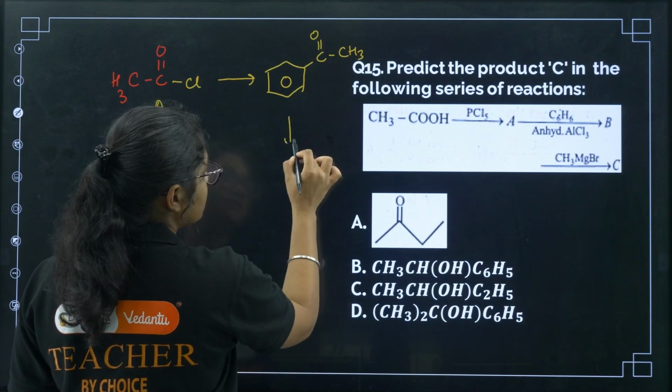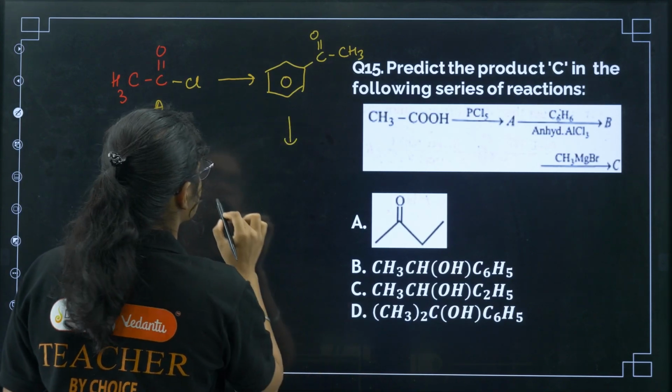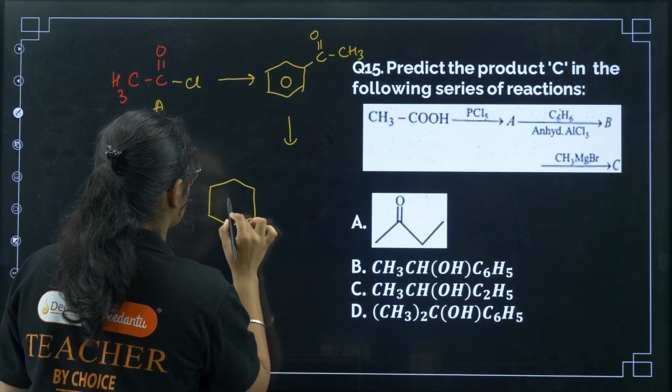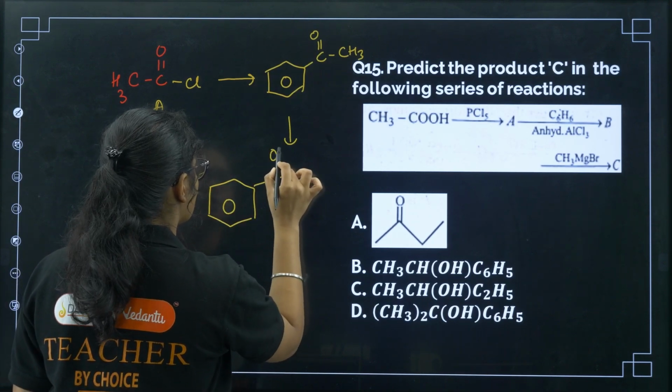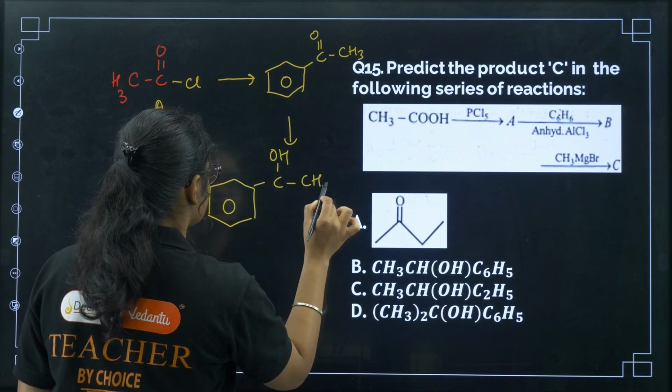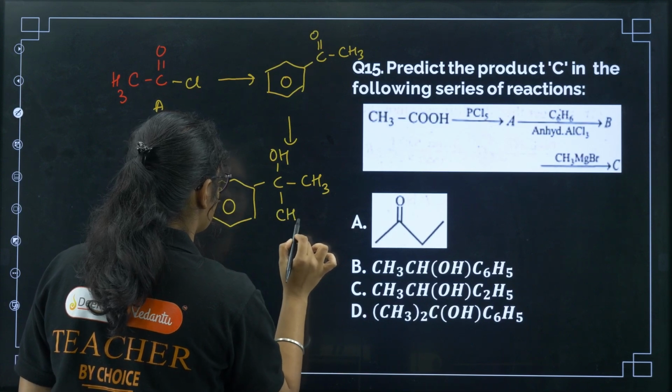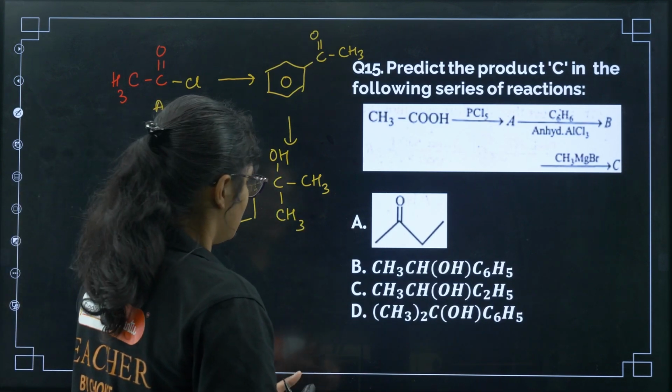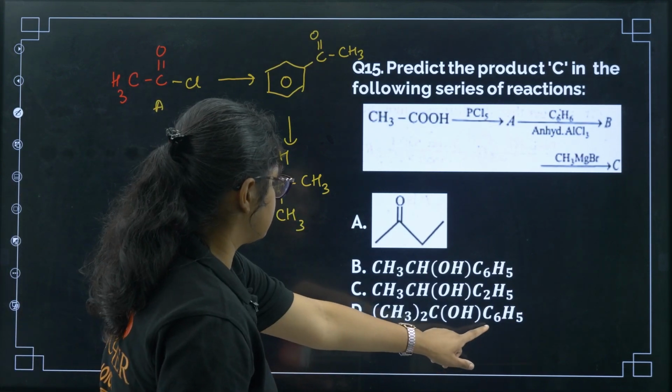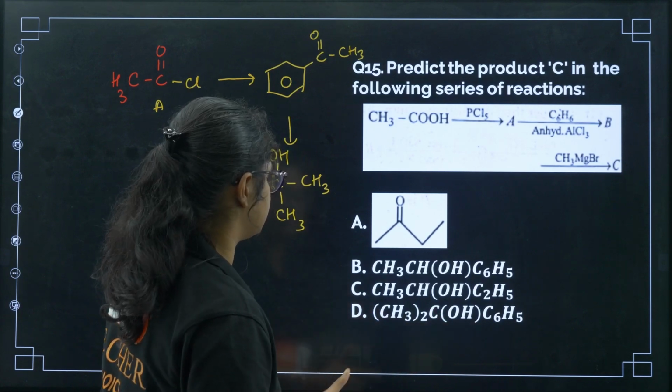Next, if I react it with CH3MgBr, what will I get here? We will get C-OH with CH3 and CH3. So the product here is C6H5 C(OH)(CH3)2.